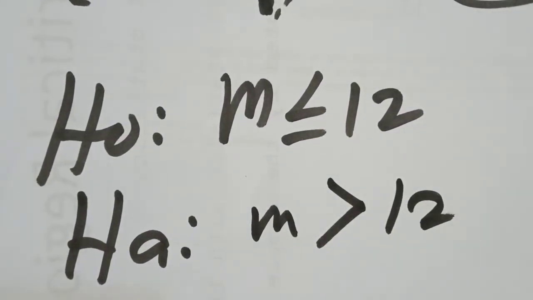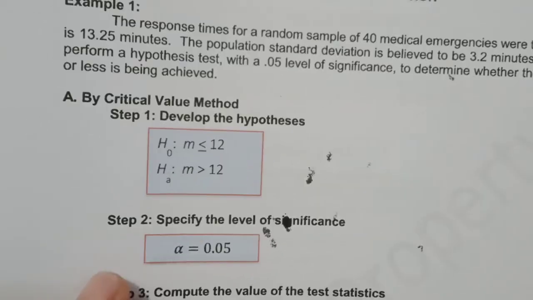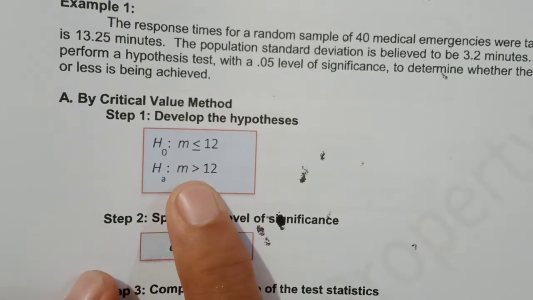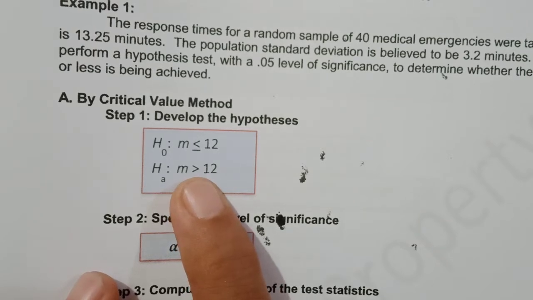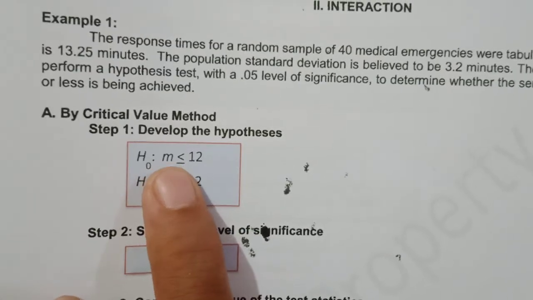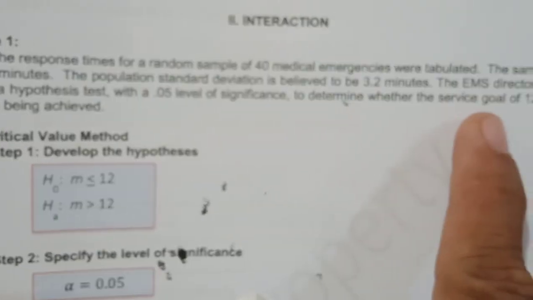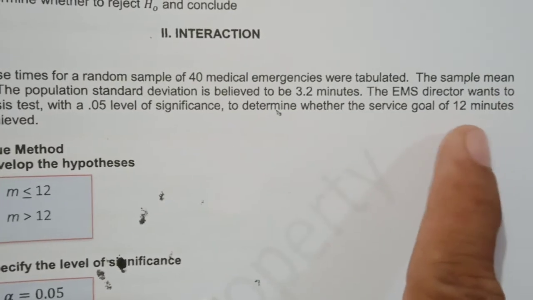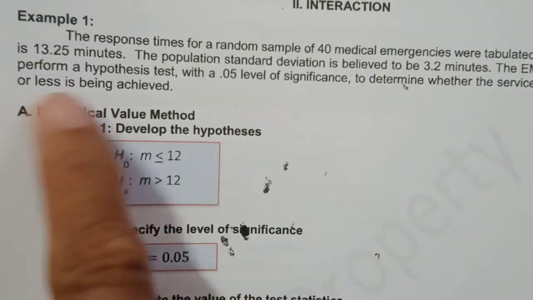Ganun ang ating step 1. So, yan ang ating step 1, alternative hypothesis, mu is greater than 12. Yung null hypothesis, nakalagay naman dyan na the service goal of 12 minutes or less.